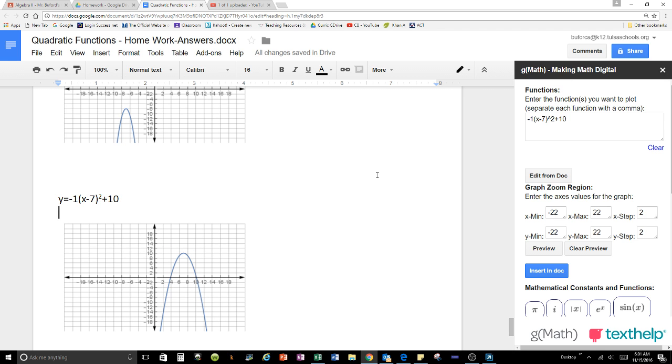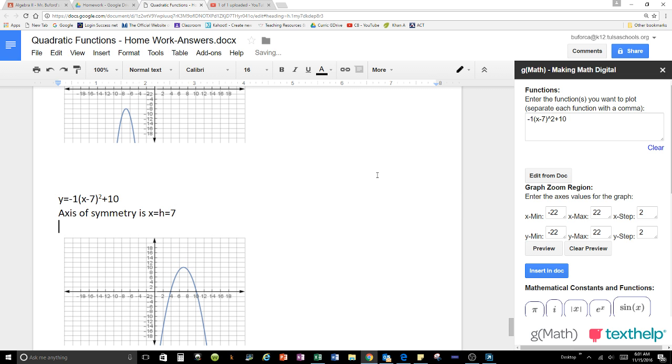So axis of symmetry is x equals h, which equals 7. Vertex is a maximum at y equals 10.